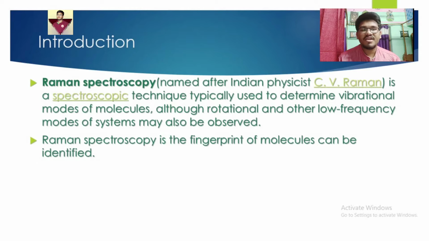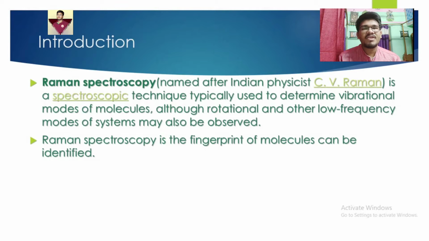From the introduction, Raman spectroscopy is a spectroscopic technique named after the Indian physicist C.V. Raman. Typically it is used to determine the vibrational modes of molecules, although rotational and other low frequency modes of the system can also be observed. It is known that Raman spectroscopy gives the fingerprint of a molecule.